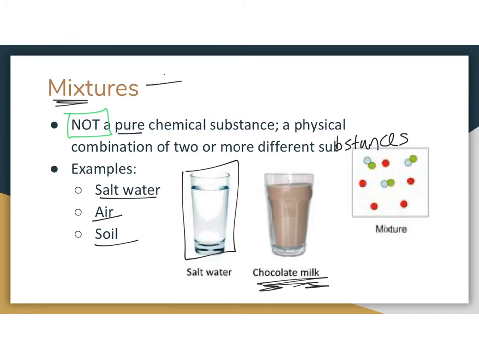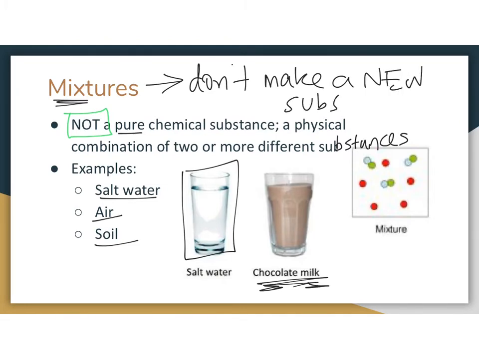Now, an important note here is that mixtures don't make a new substance. It might seem like it's new because we might give it a different name, but it's not actually. So what I mean by that is, for example, salt water, right? We might think like, well, salt water is totally different than water. Okay, but it's still just salt and water, right?